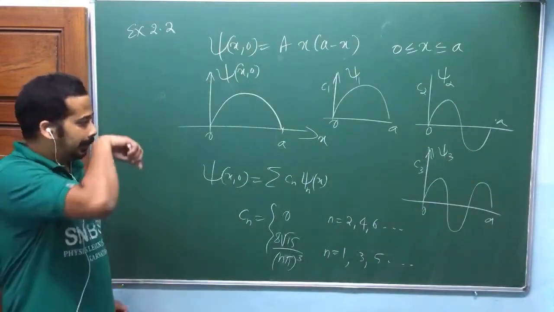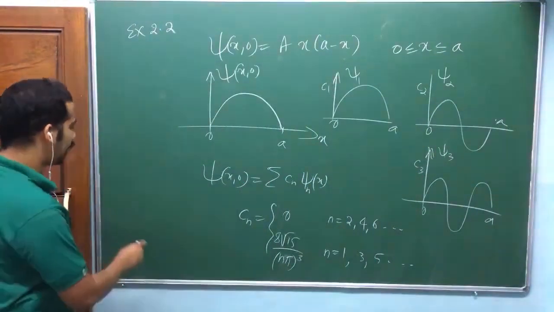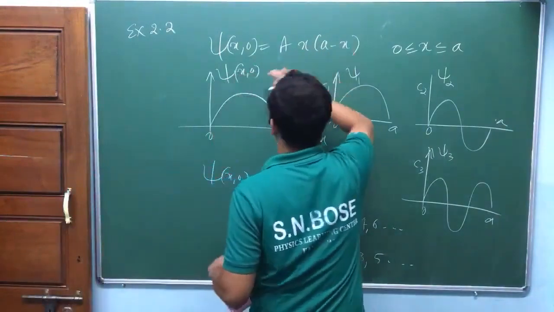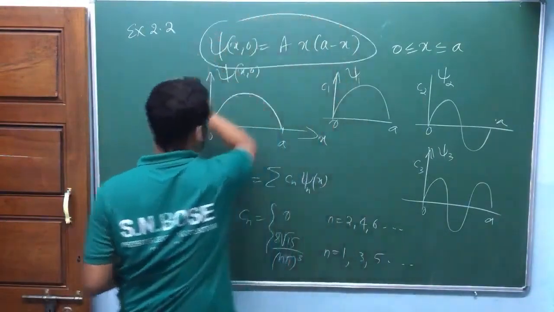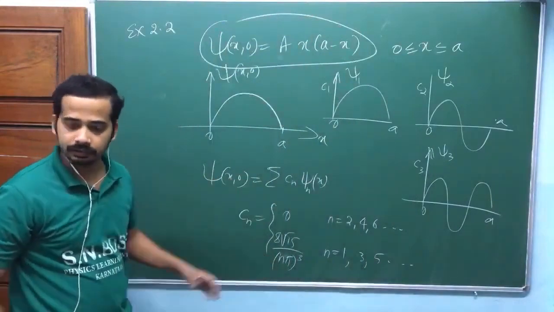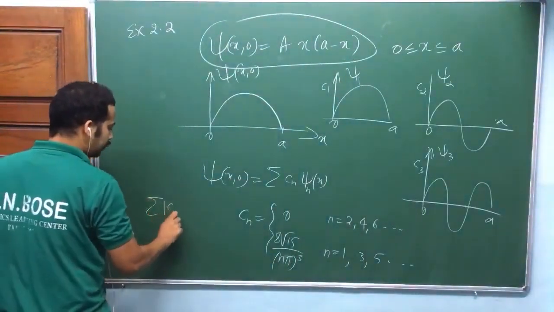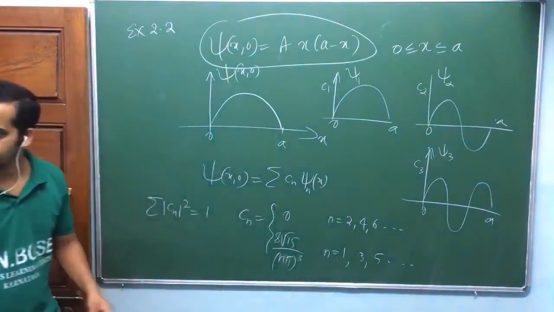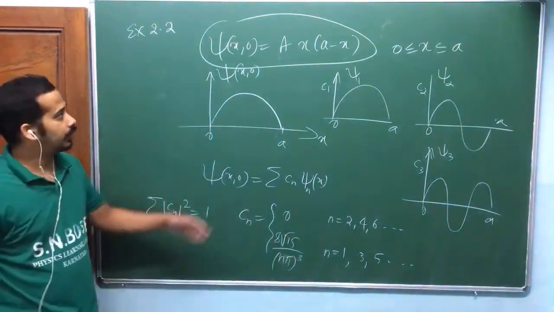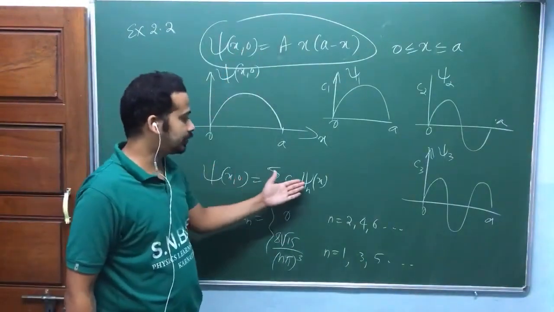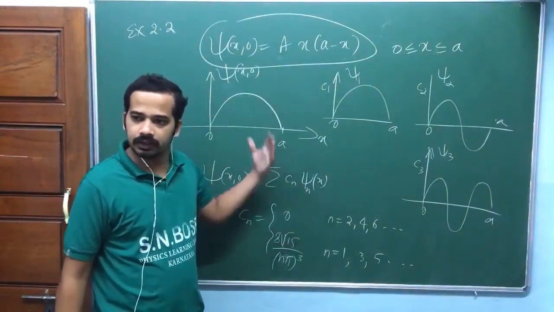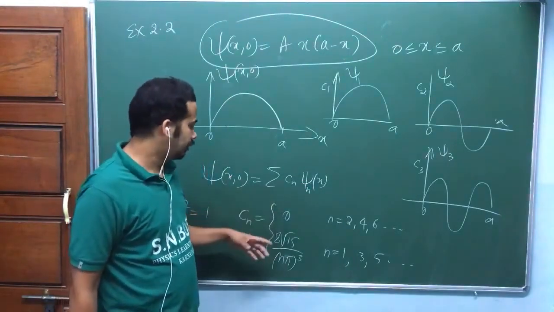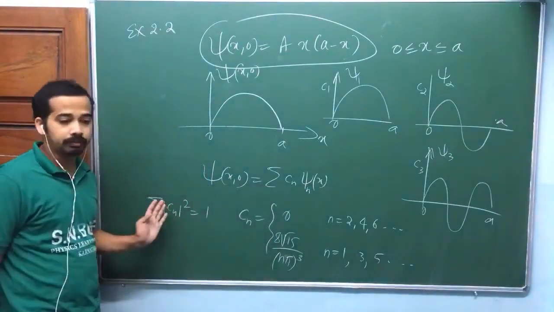Now, you found all of this after normalizing. Okay? First, you are going to normalize here itself. You can normalize later also, but the summation over mod Cn square equal to 1 will become an infinite series. So that's why you can keep A as it is here, and later you can normalize. Is that okay? But what will happen?